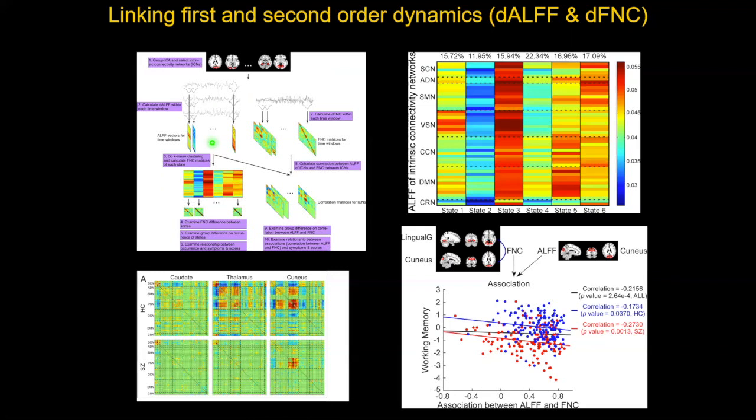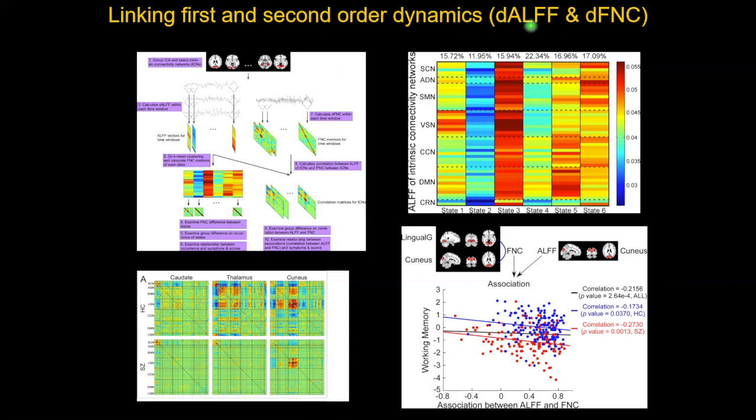And there's also been a number of studies starting to look at the relationship between dynamics of activity and dynamics of connectivity. So linking of essentially first and second order dynamics. Here's one example where we looked at dynamics of the ALF metric, which is amplitude of low frequency fluctuation, or the spectrum, and the dynamics of the functional network connectivity.